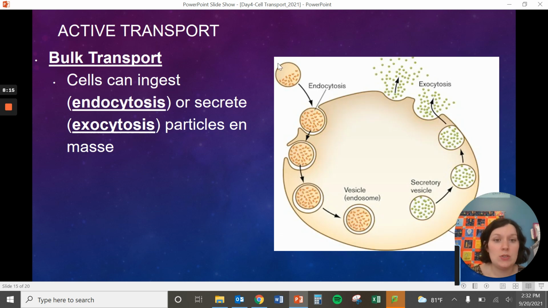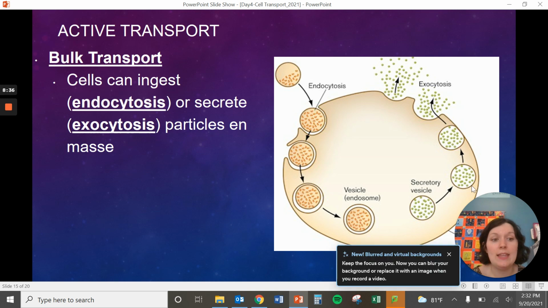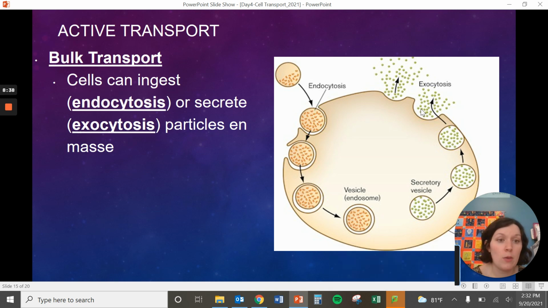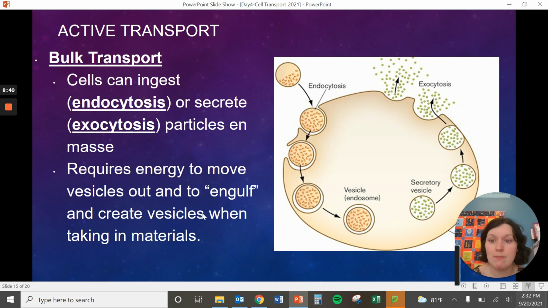Okay, so endocytosis here, we have some molecules and it's being kind of ingested. This is the idea of kind of like our endosymbiosis, right, where we have a prokaryotic cell getting engulfed. That would be endocytosis. Exocytosis is the opposite, where we have a vesicle with waste usually, and then it is able to fuse with the cell membrane and release the contents.